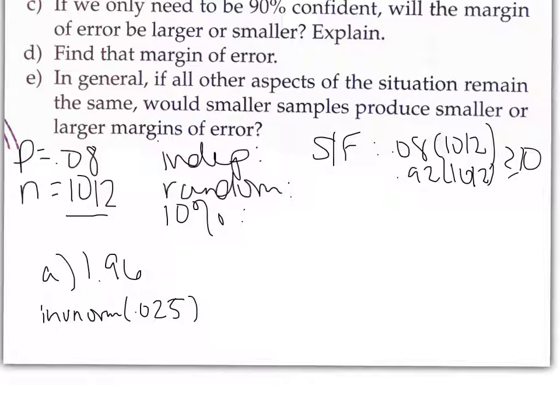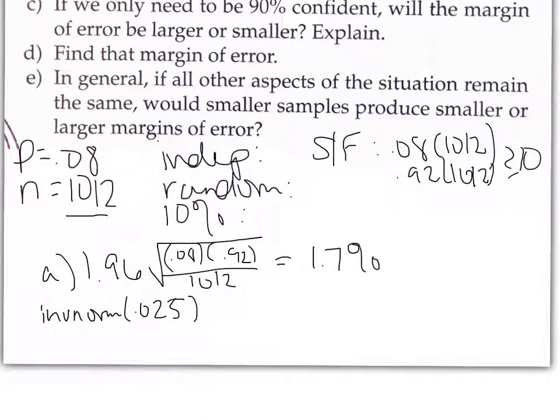Either way, you get 1.96. So we will want to do our z-score times the square root of p times q over n. That would leave me a margin of error of about 1.7% if I typed all of that into my calculator.